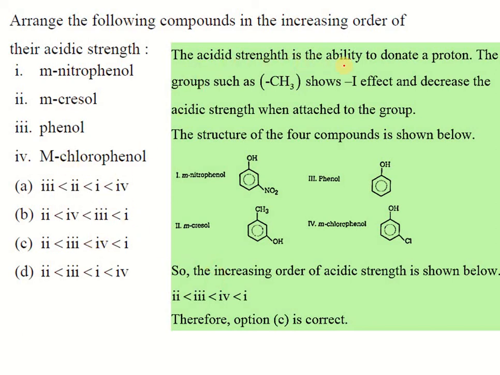The reason is that acidic strength is the ability to donate a proton, and groups such as CH3 show a negative inductive effect and decrease the acidic strength when attached to the ring. That is why the increasing order of meta-nitrophenol, phenol, meta-cresol and meta-chlorophenol is given as 2 < 3 < 4 < 1. So option C is the right answer for this one.